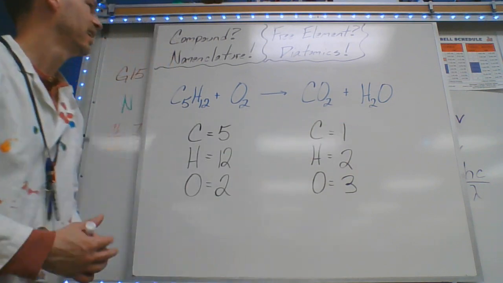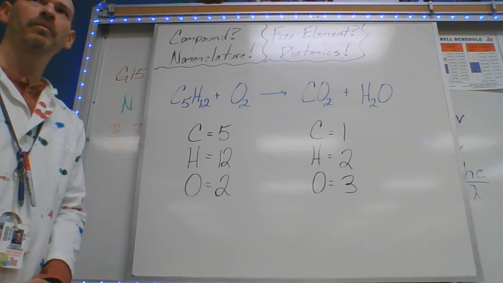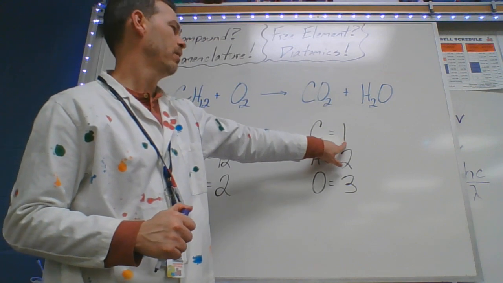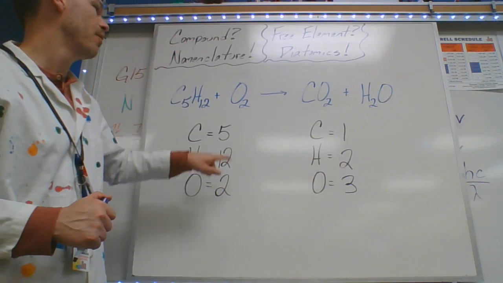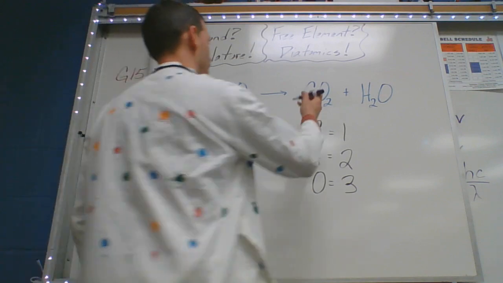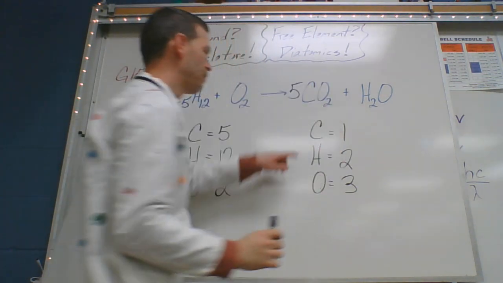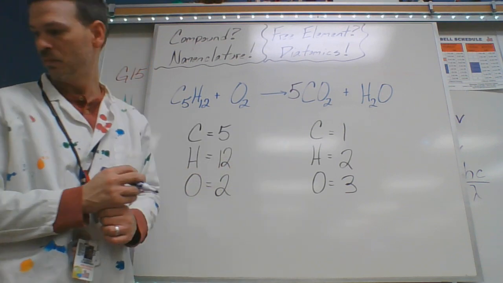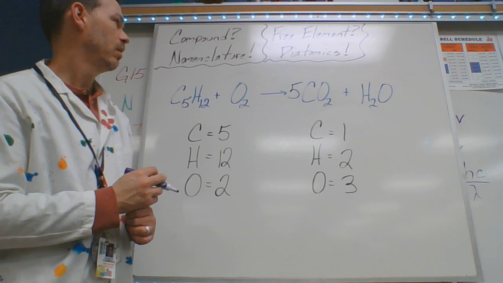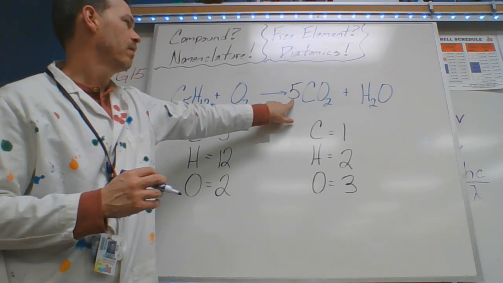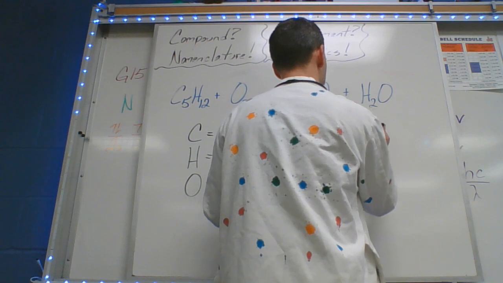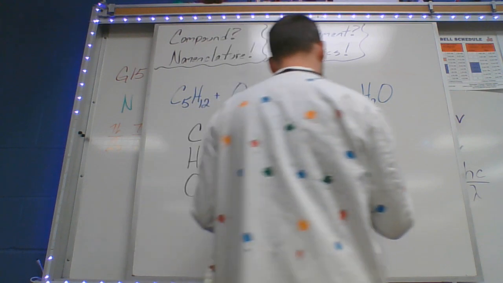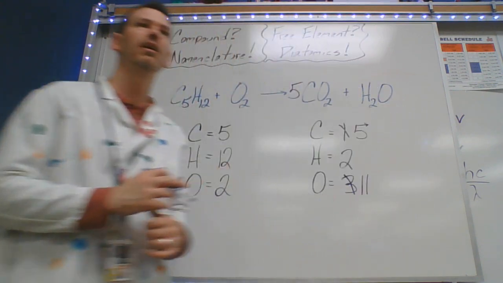All right. Let's fix it. There's the smaller number. I want that 1 to become a 5. 1 times 5. So let's put a 5 in front of the product carbon. Five times 1 is 5. 5 times 2 is 10, plus 1 is 11.